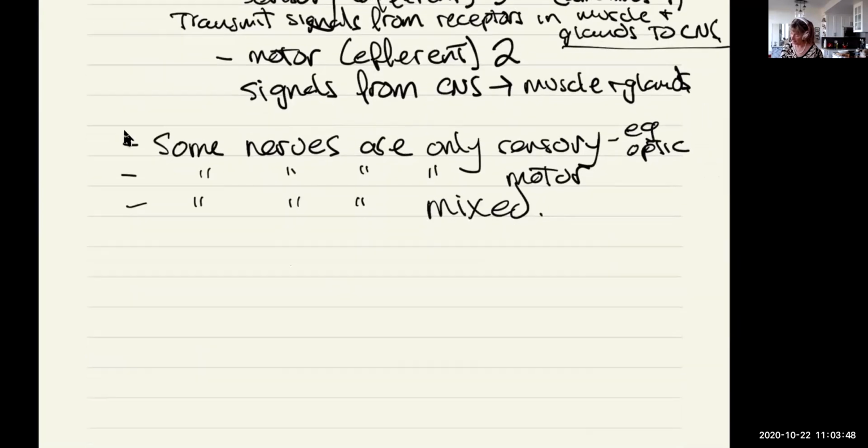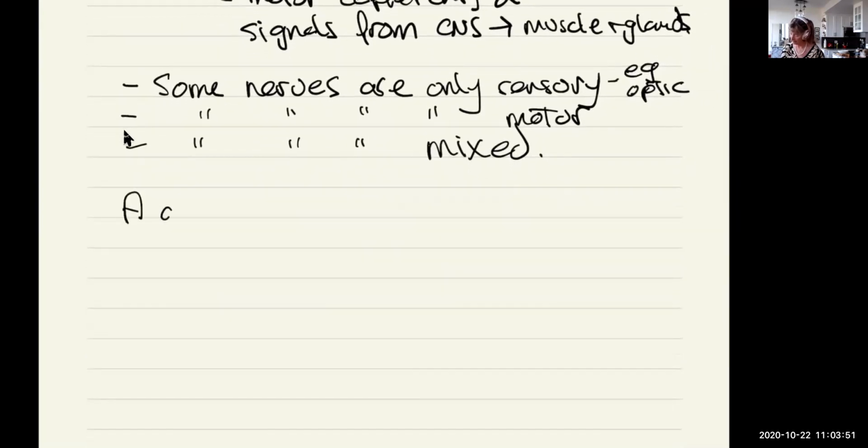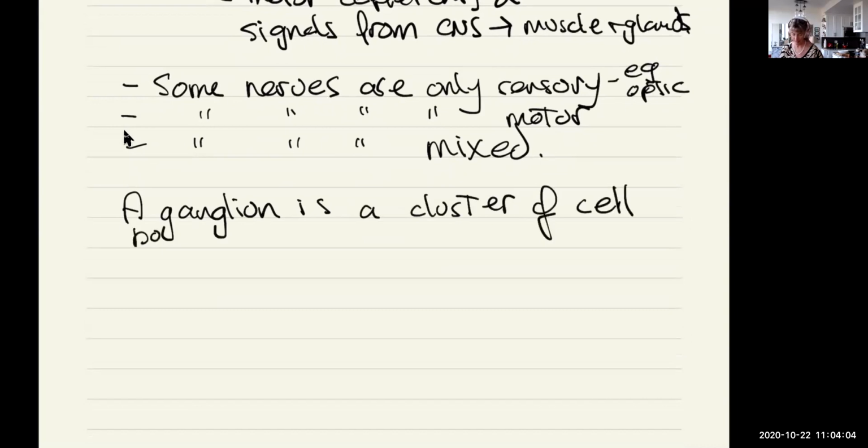A ganglion is a bundle or a cluster of cell bodies outside the central nervous system, in the peripheral nervous system only.